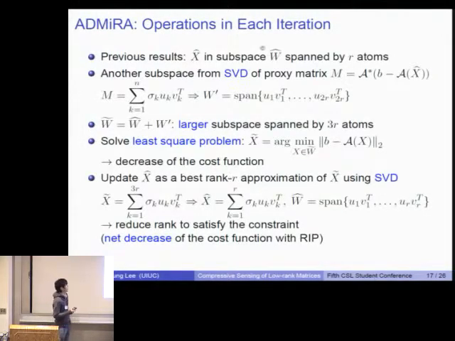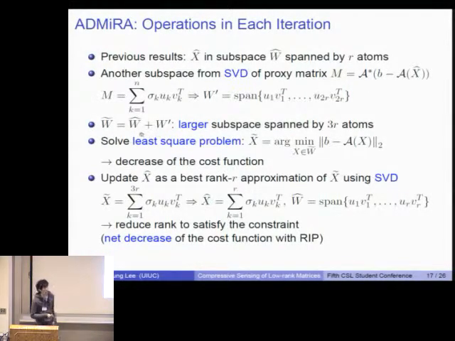The algorithm looks somewhat complicated, but there are some important points. Most of the computation is singular value decompositions and least squares problems. Given a rank R estimate X hat and the subspace spanned by our atoms, we will add 2R or more atoms computed from the image of the residual, B minus A X hat, by the map A star.